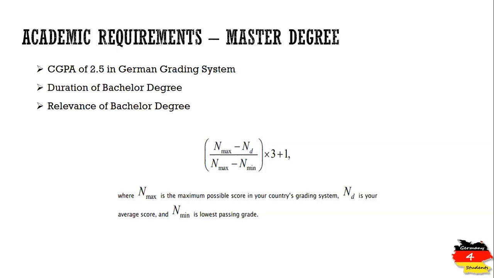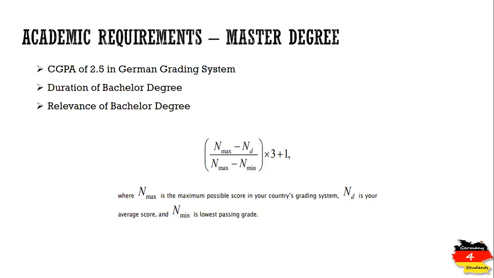Then N minus ND, where ND is the CGPA or the percentage that you have acquired, whether 40% or 90% or whatever, or 3 or 3.5 on a scale of 4, or 7 or 8 on a scale of 10. This is divided by N max, the maximum possible grade in your grading system, minus N min.